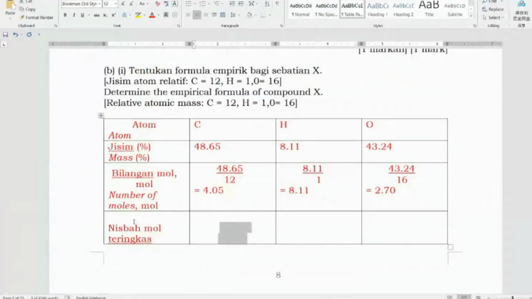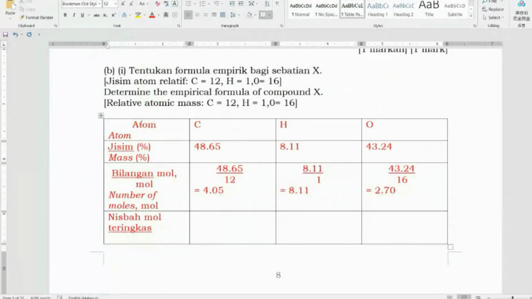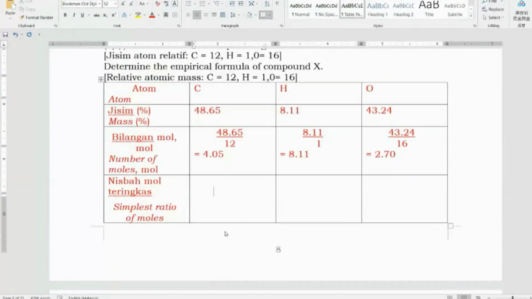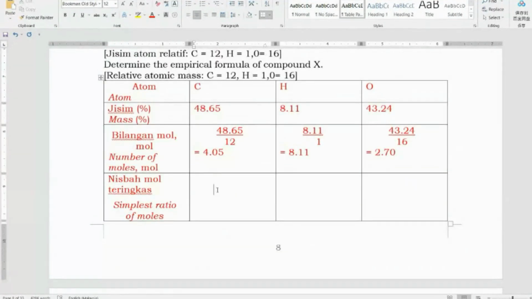Simplest ratio. So we have three number of moles, right? 4.05, 8.11, 2.70. So how to get the simplest ratio of moles?